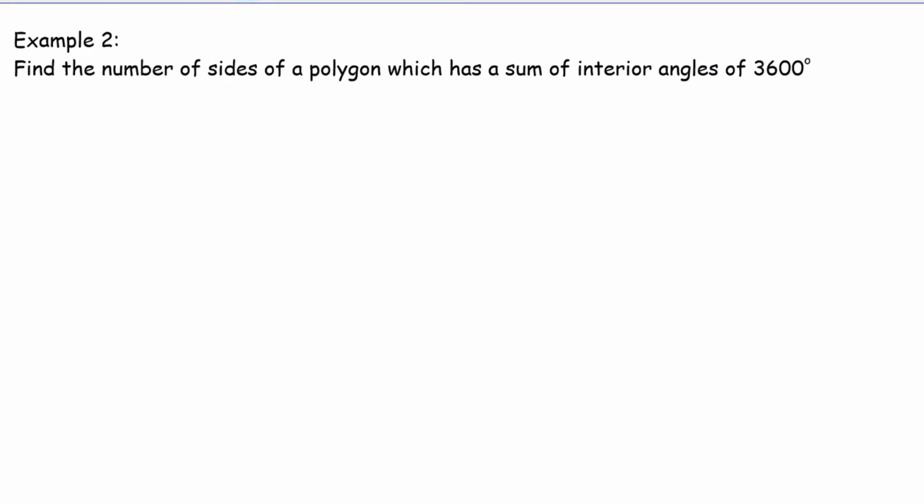Find the number of sides of a polygon which has the sum of interior angles of 3600. So the first thing that we need to do is, again, we know the formula.